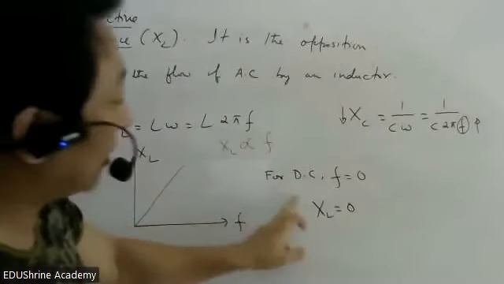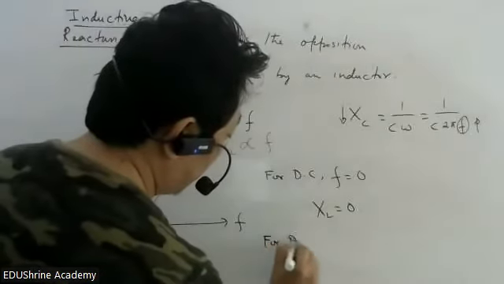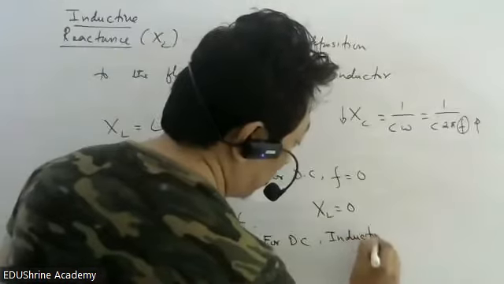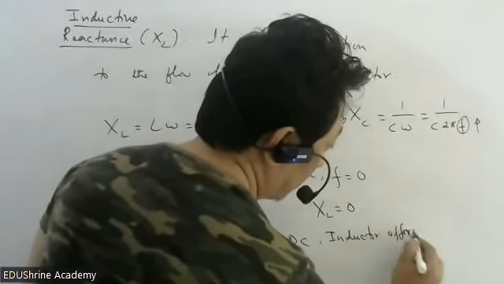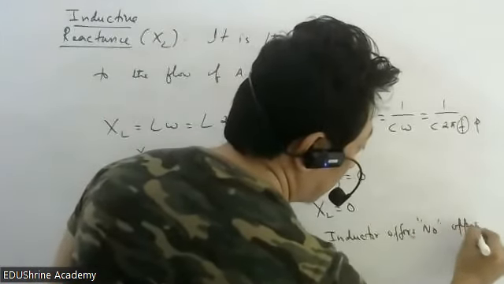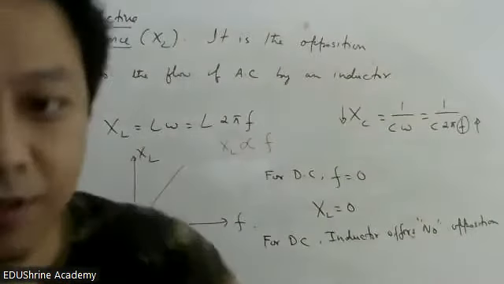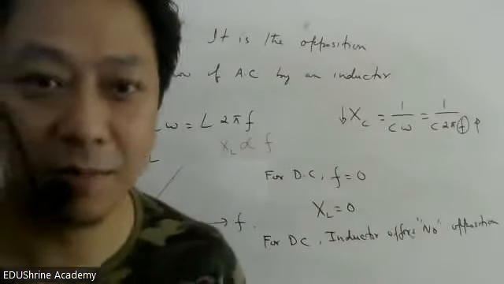So for DC, an inductor offers no opposition. It is like Congress, no opposition. Like this part I should delete now.